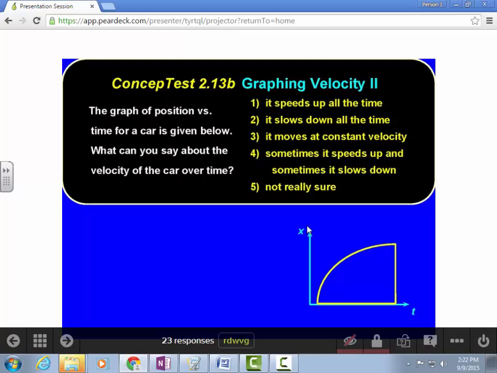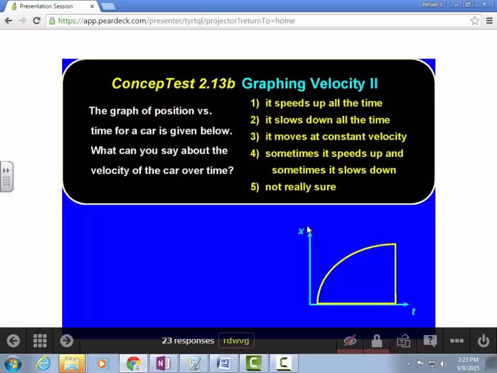I'm not sure if this is correct, but I thought it was B because it's a graph of position versus time. You're seeing a greater displacement in the position early on in the graph. Since it's position over time, greater position over less time is greater, so it's slowing down the whole time. Very good. Very, very good.